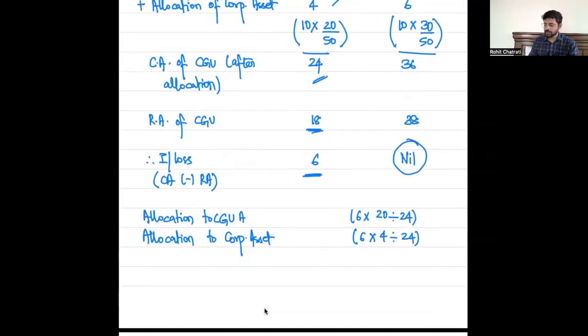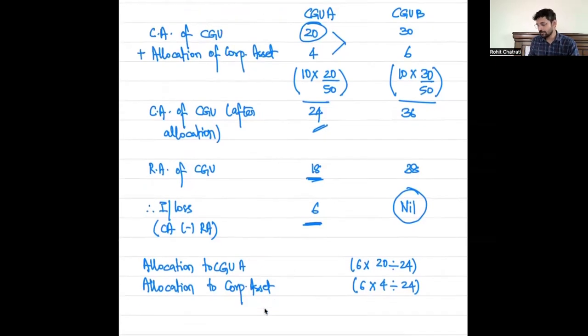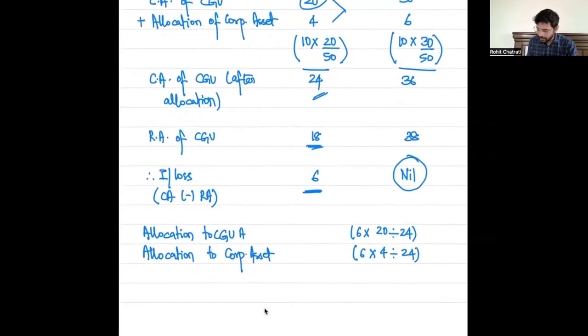All right. So since 4 out of 24 represents the proportion of corporate assets, that proportion of 6 million will be allocated as impairment loss against the corporate assets. This will be 1 million. This will be 5 million.